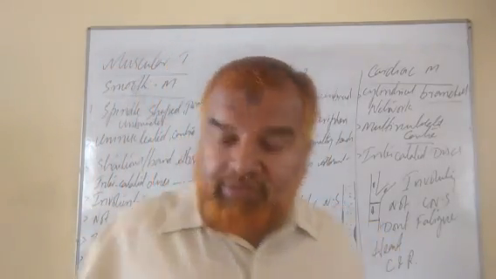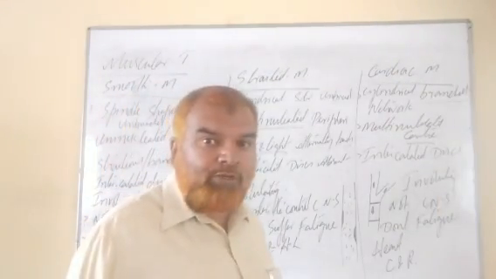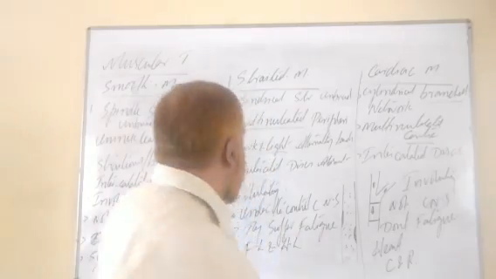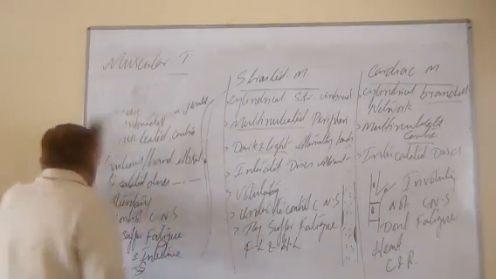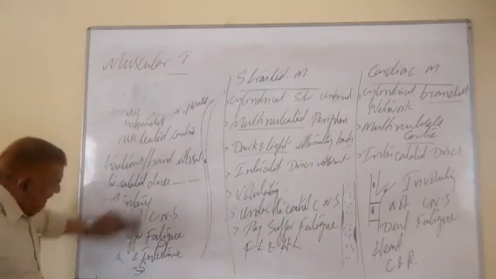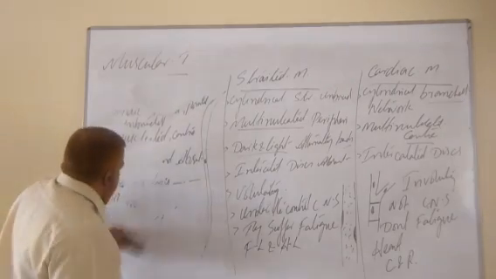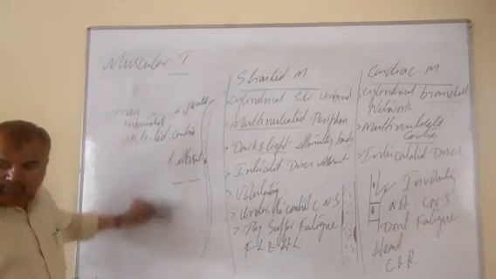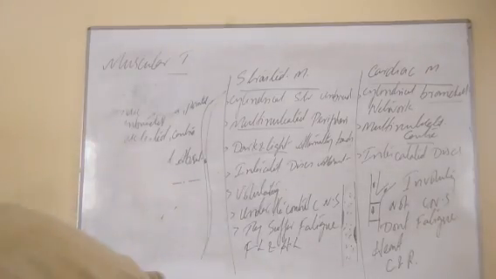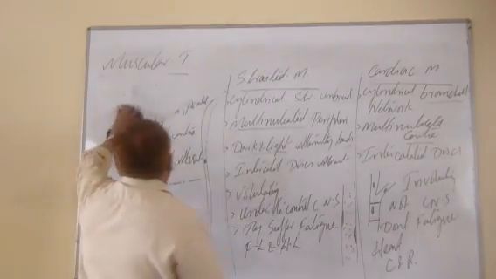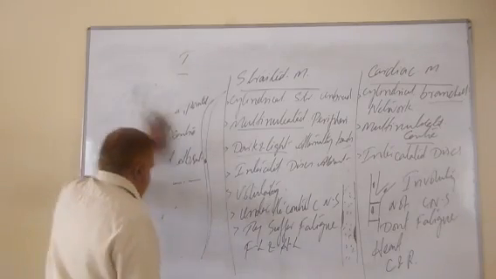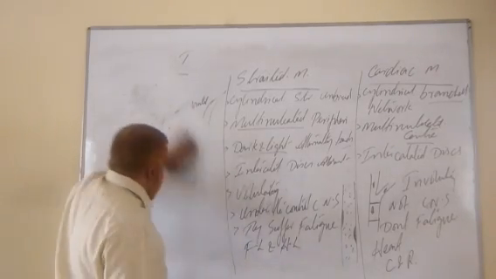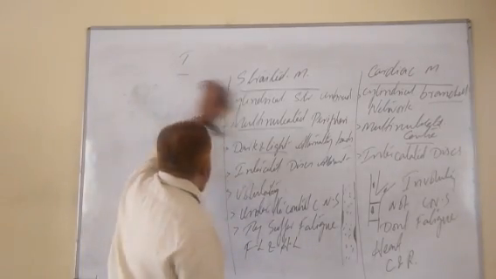Now we'll move on to the next tissue, nervous tissue. If we complete this tissue today, we can start the organ system in the next class. I hope it's clear. You also make a note of it. Study material is given to you.